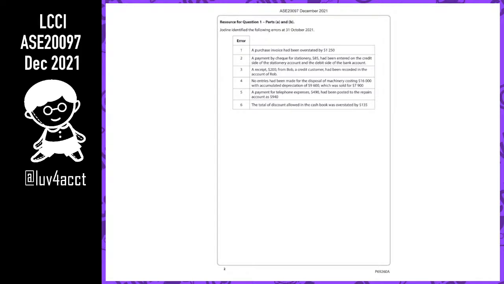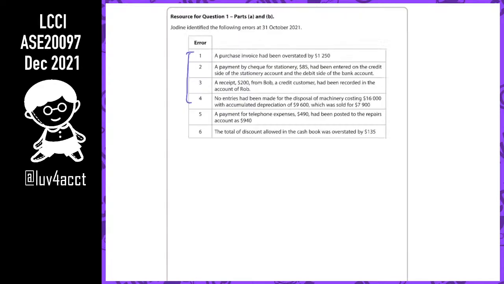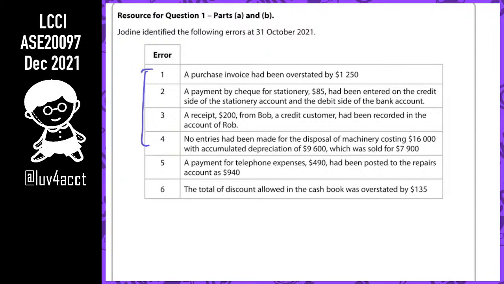Now let us move back. Type of error for the first 4. Okay, and then also item 5 and 6. We do not have to identify the error, but we still have to put the adjustment in the extended trial balance. So let us start with item 1.